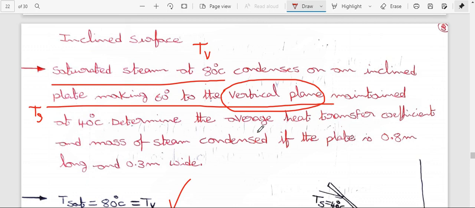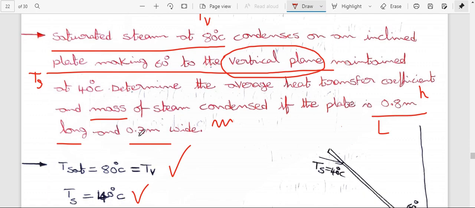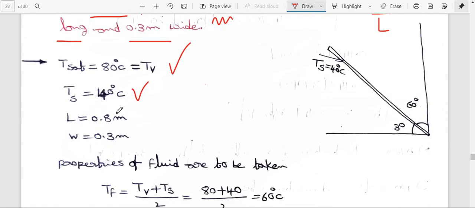Determine the average heat transfer coefficient, that means the H value, and the mass of steam condensation, the M value, for a plate 0.8 meters long and 0.3 wide. So L equal to 0.8 and width equal to 0.3.